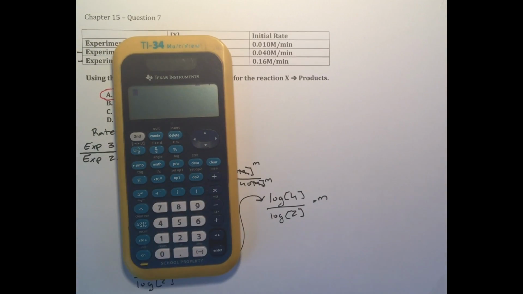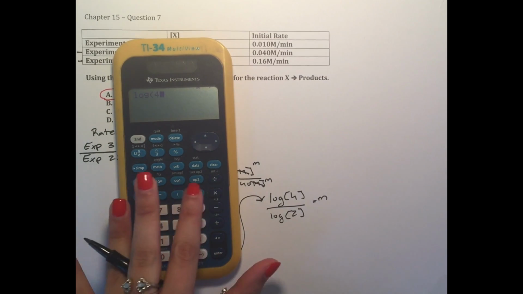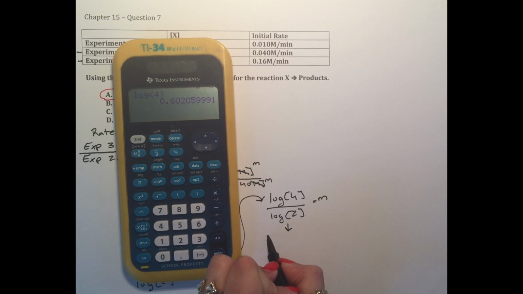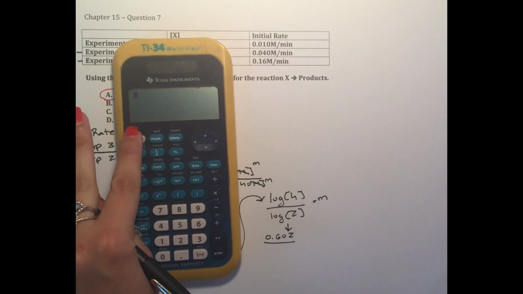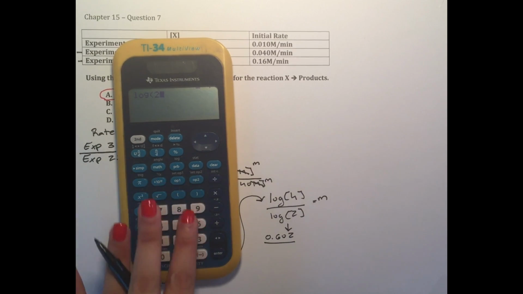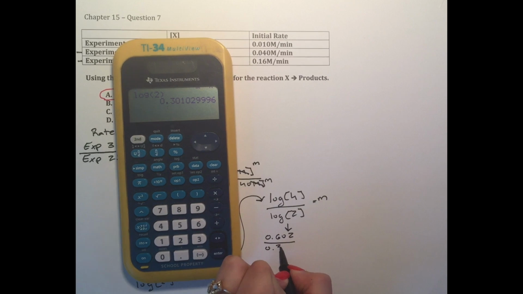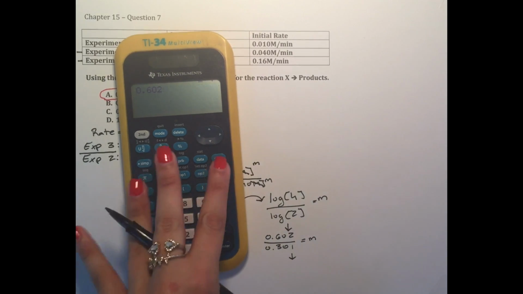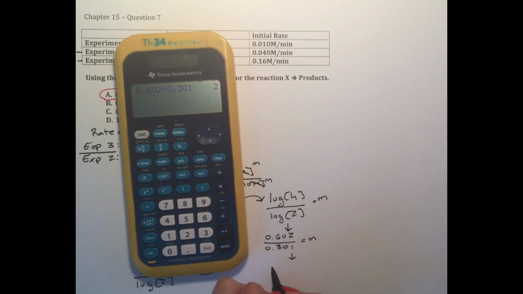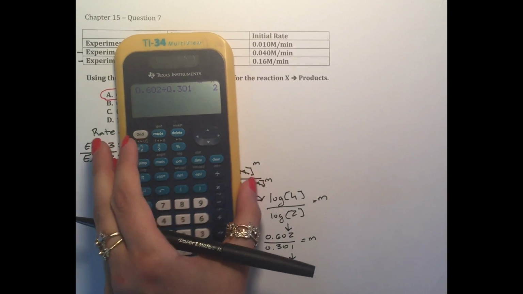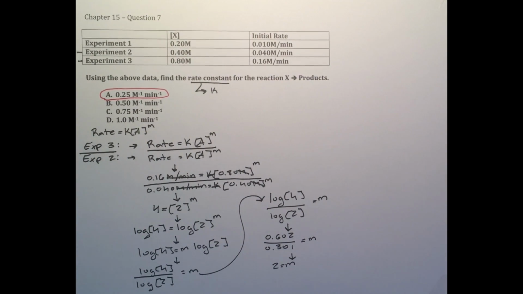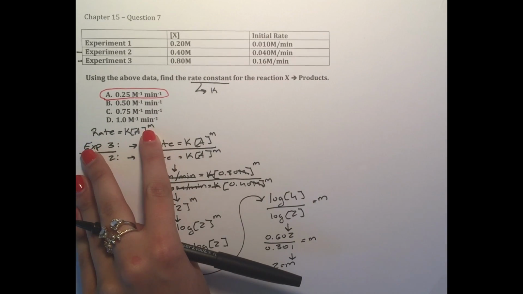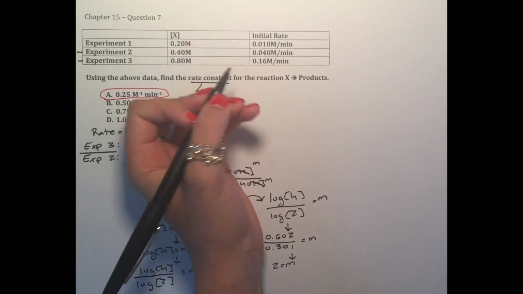All right, so now we can just solve for M by taking the log of 4, which is 0.602, divided by the log of 2, which is 0.301, equals M. Now we're just going to divide our numerator and our denominator, and that gives us 2 is equal to M. So now we've solved for M, but our question isn't asking for M, it's asking for K. But now that we have M, we can plug M into this rate law, which is the one variable we were missing. So let's rewrite the rate law.